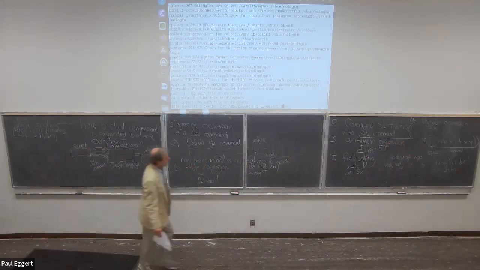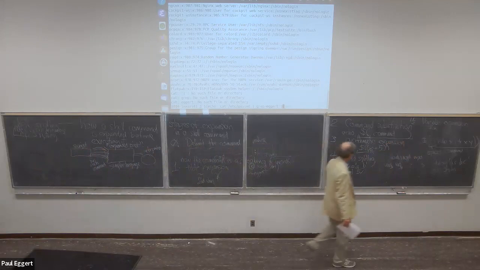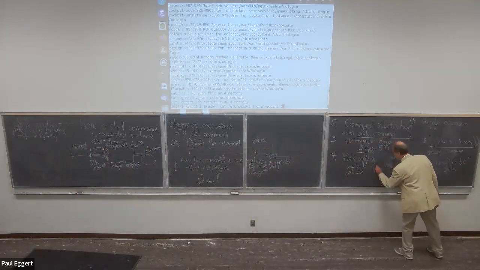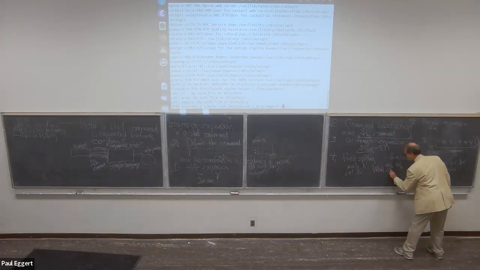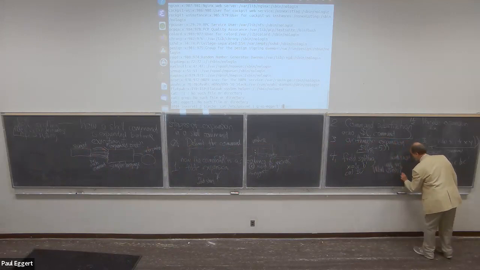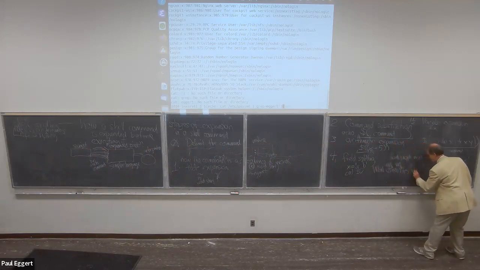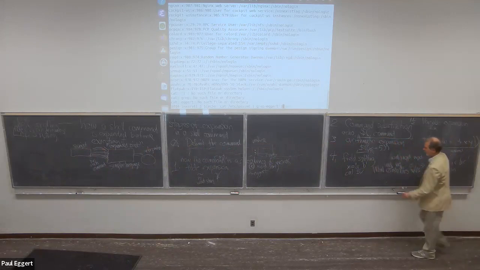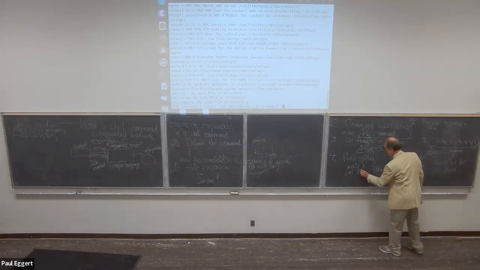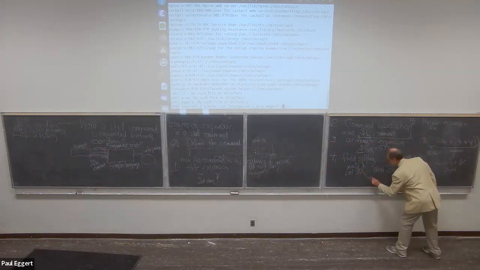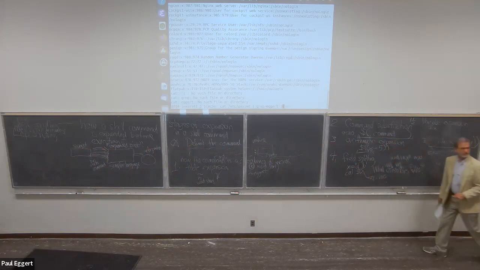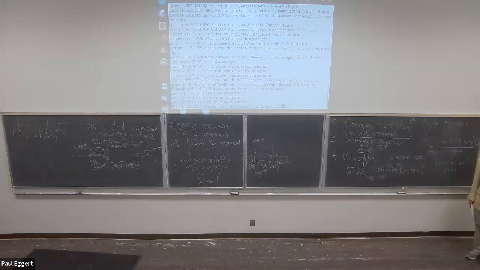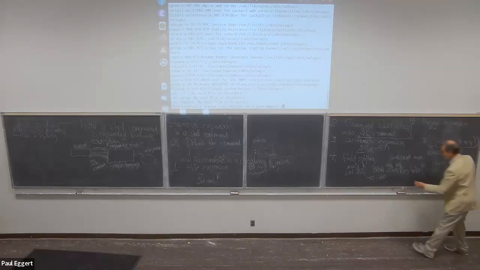Now, when you do field splitting, there's an issue of what constitutes fields. And what that boils down to is what are the separator characters? There's a standard shell variable that will let you specify the separator characters.